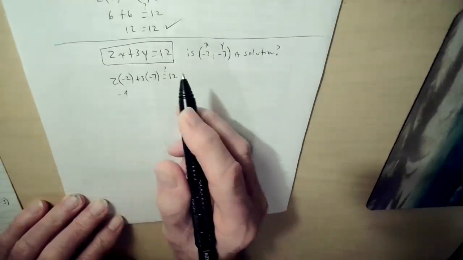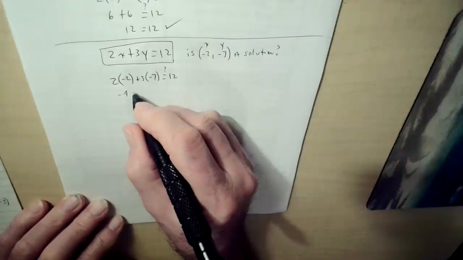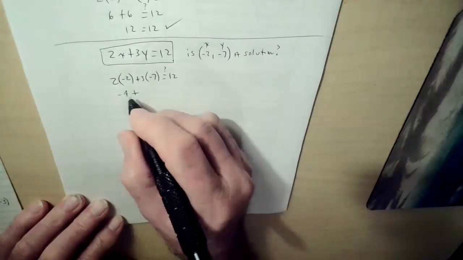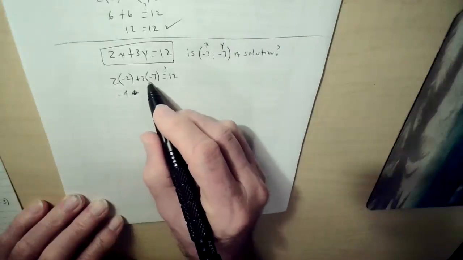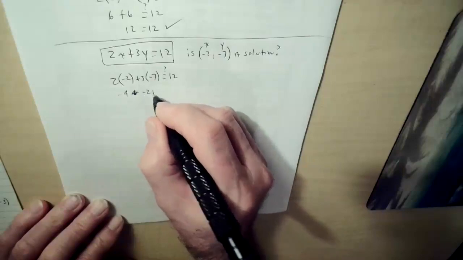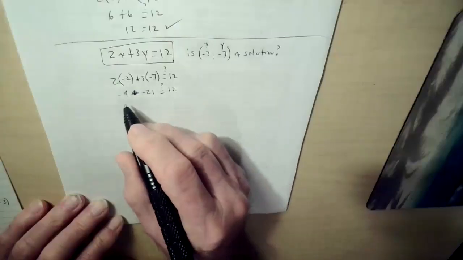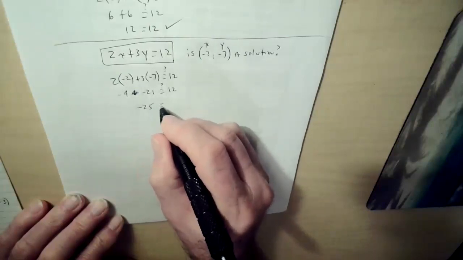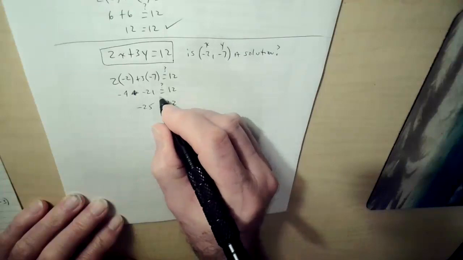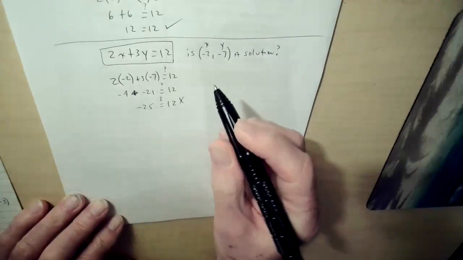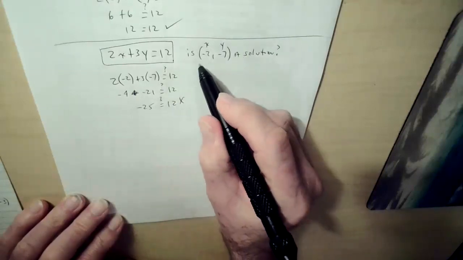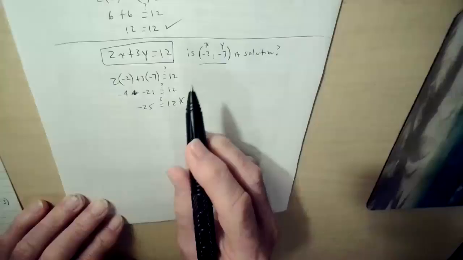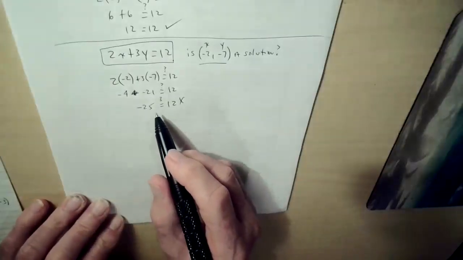It's -4. 2 times -2 is -4. 3 times -7 is -21. Does -4 and -21, which is -25, equal 12? No. So this point is not on this line.